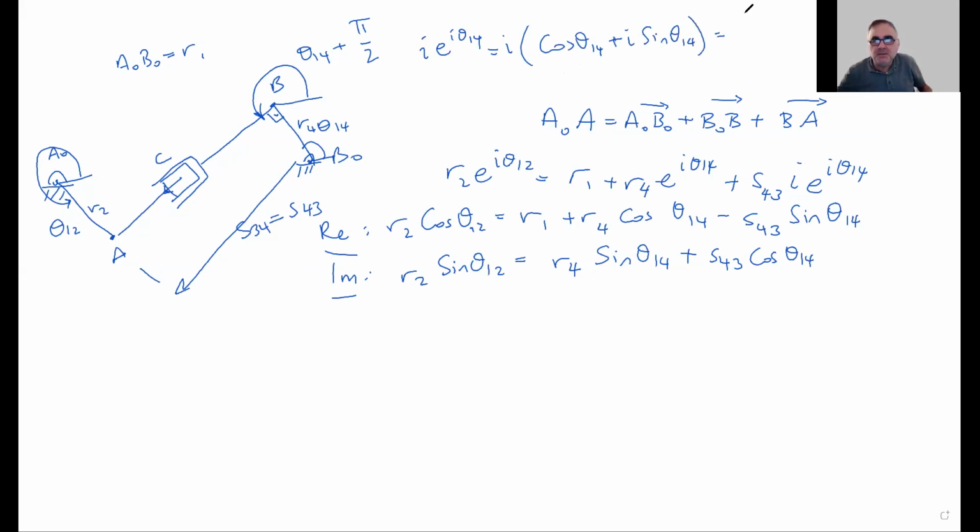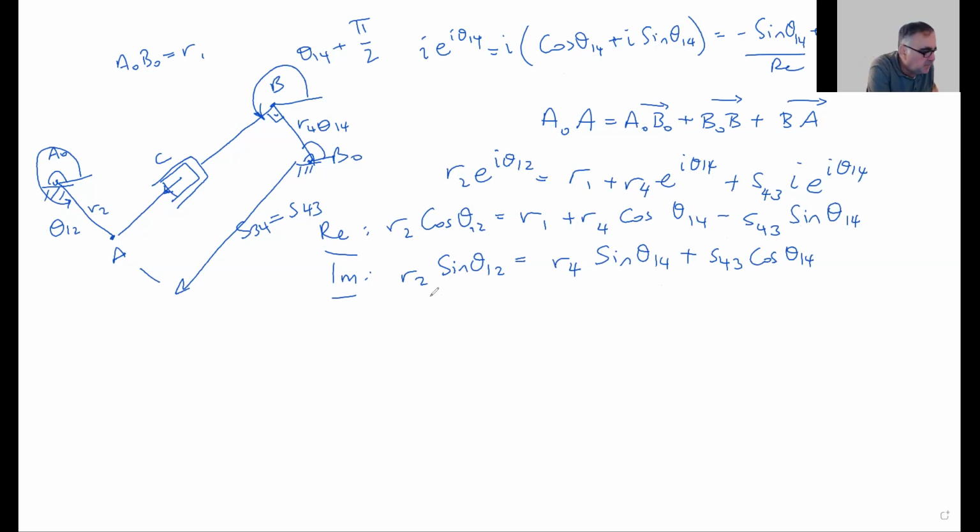And if you multiply this, i times i gives you minus sine theta 1,4 plus i cosine theta 1,4. The real part is this one, and this is the imaginary part. Is this clear? That's why we have the minus sign. Okay, yeah, thanks. I didn't see the i. I just saw it right now. Thanks.